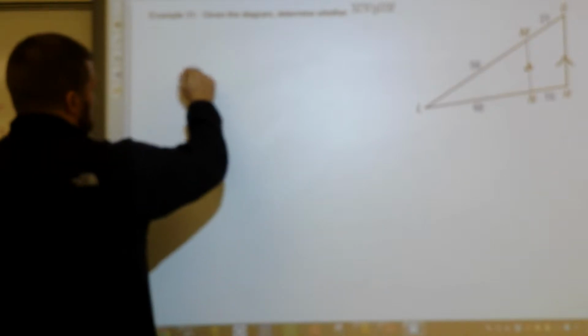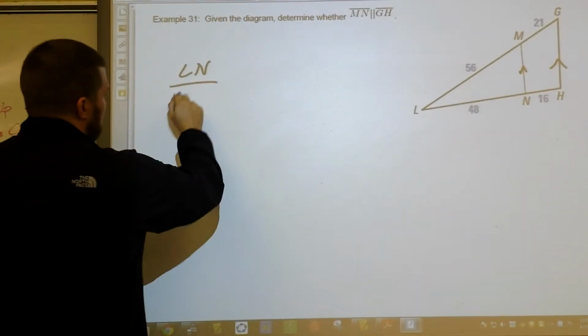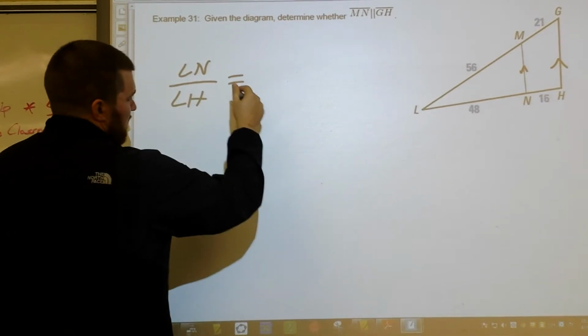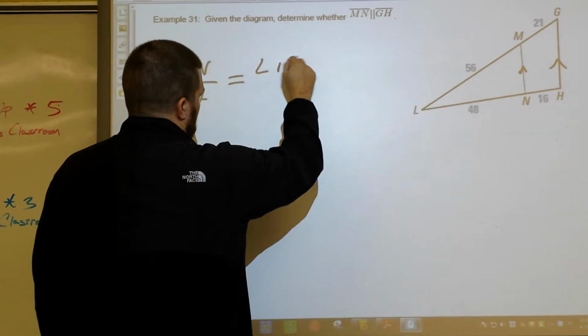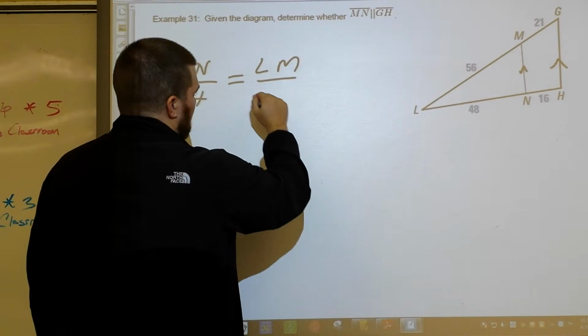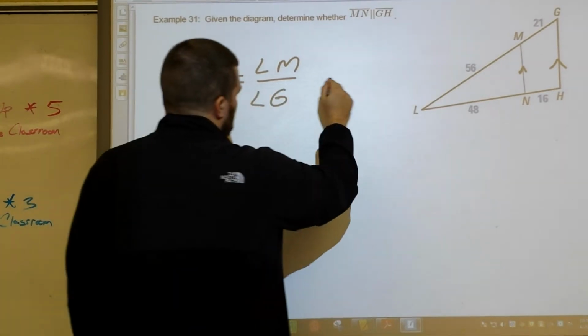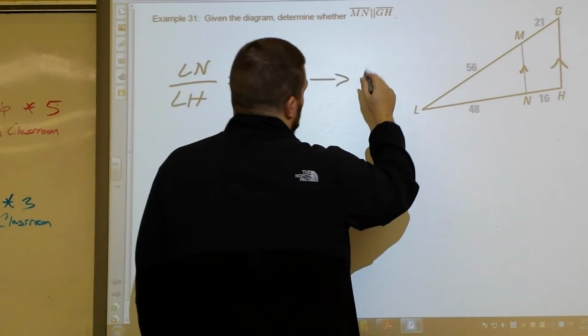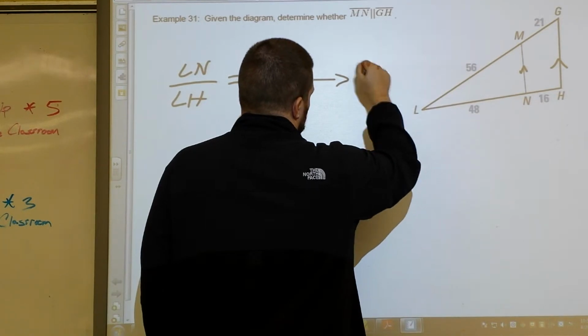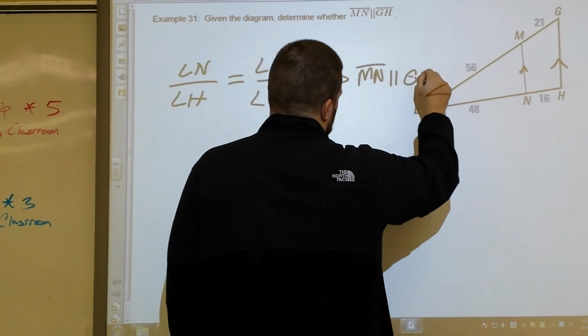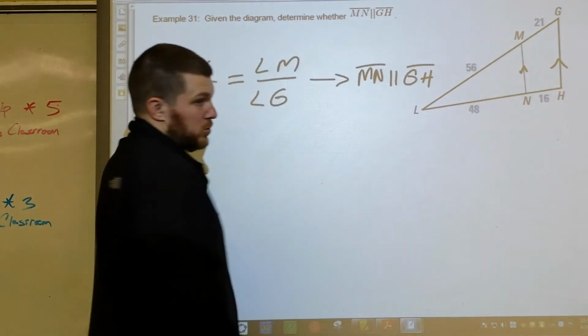What that means, again, is the short side, LN, compared to the total side, LH, is equal to the short side, LM, over the total side, LG. If this is true, then MN is parallel to GH. That's just a rule that was given.